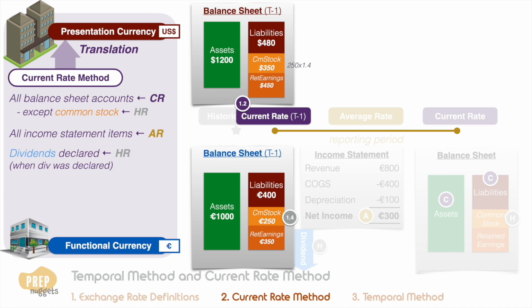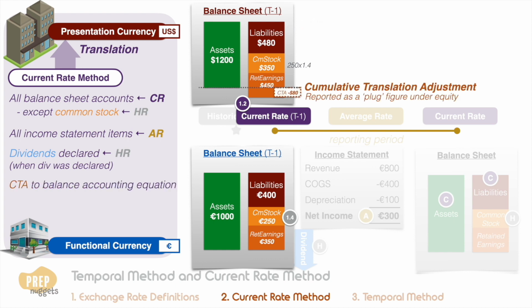Now, do you see a problem? We do not have a balanced equation in US dollars. Liabilities plus equity is $80 higher than the value of assets. To resolve this, cumulative translation adjustment is reported in stockholders' equity as a plug figure to force the basic accounting equation to balance. So in this case, CTA is minus $80 under stockholders' equity.